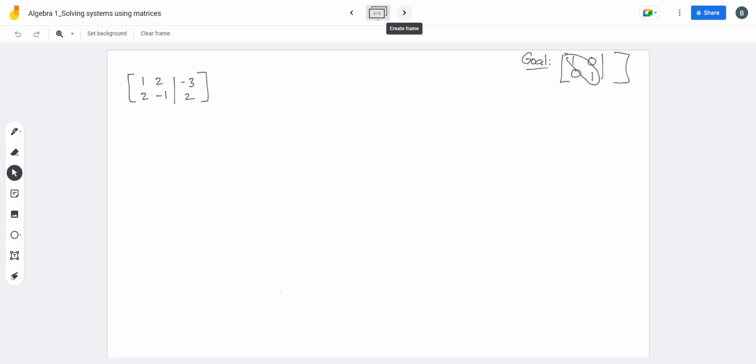So let's take a look at our problem first. Since we want to have a 1 here and a 1 here, we already have this position. Let's say this position is 1, pretty good. I'm happy with this. And let's take a look at this position as well.